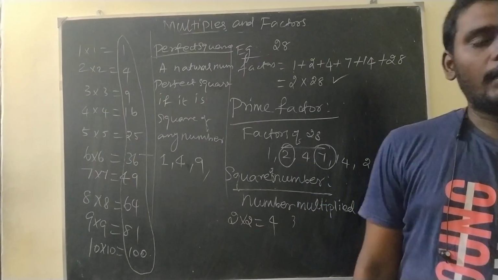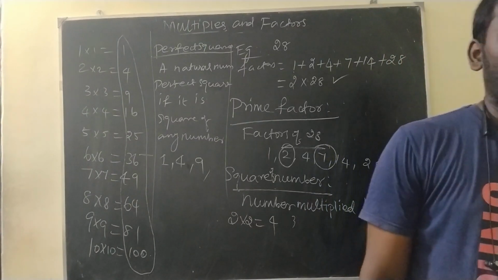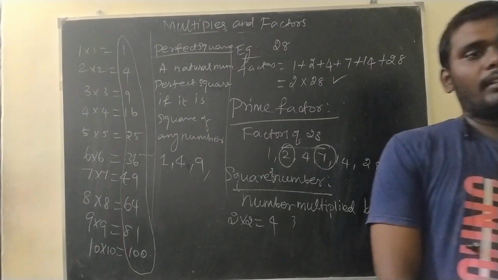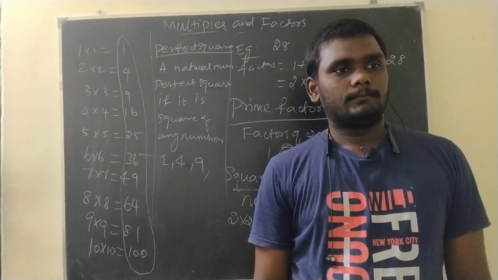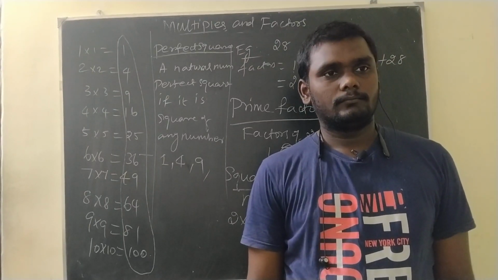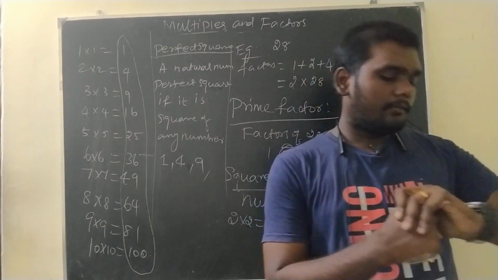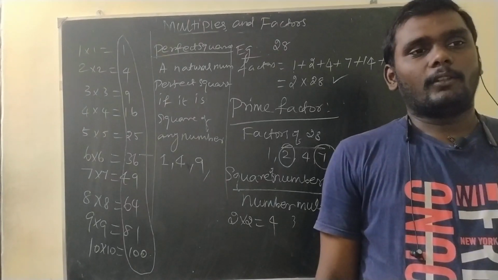Okay. Now we will have a security check. You just try to answer. The multiplication of a given number with a natural number is called what?